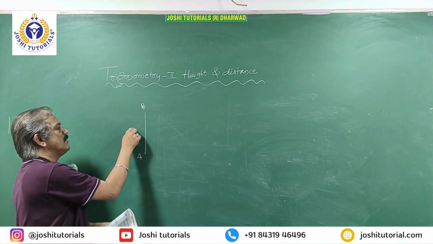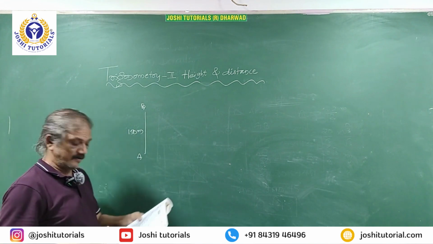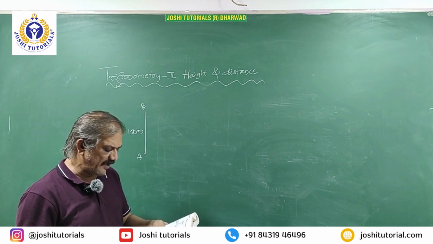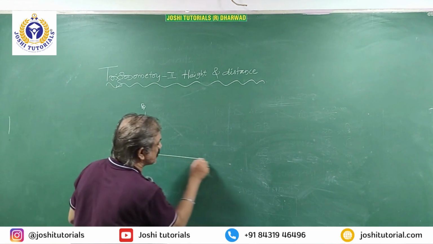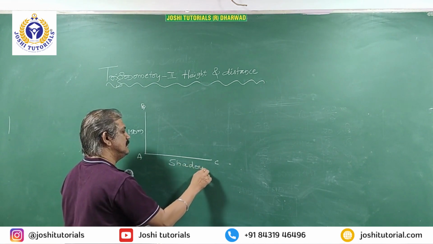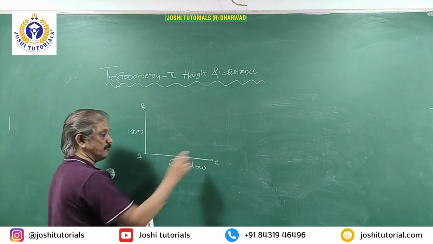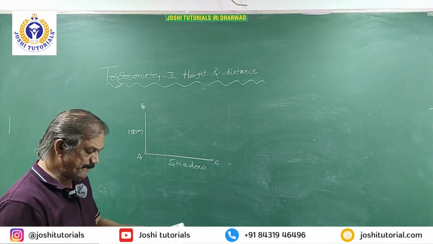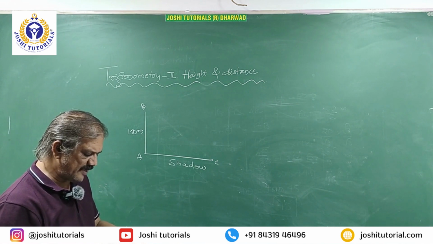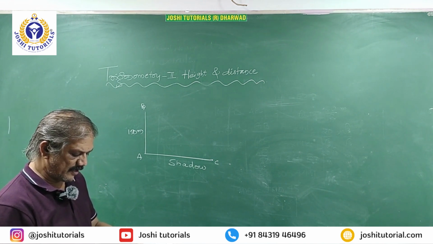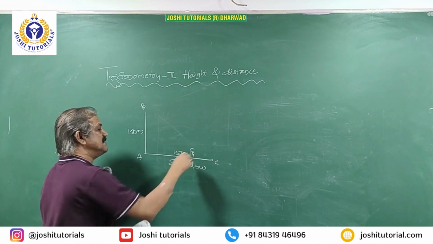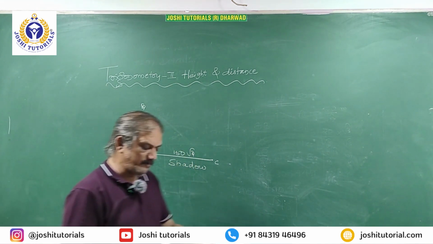Means a 150 meter tall observer looks at the tip of his shadow, means this is the shadow. He looks at the tip of the shadow, which is 150 root 3 meter from the foot.